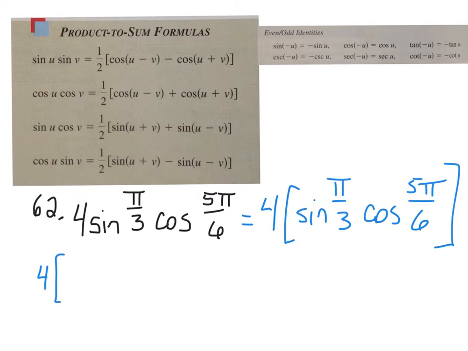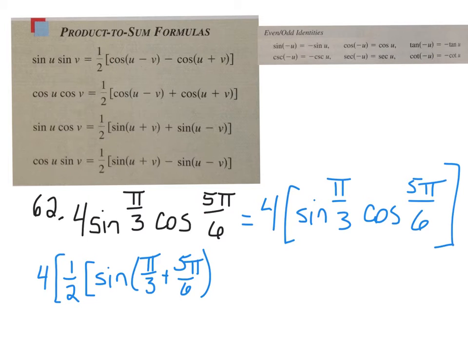So then it's going to be 1/2 according to the formula. Sine of pi over 3 plus 5 pi over 6 plus sine of pi over 3 minus 5 pi over 6.